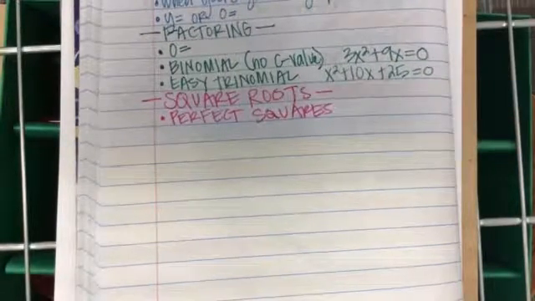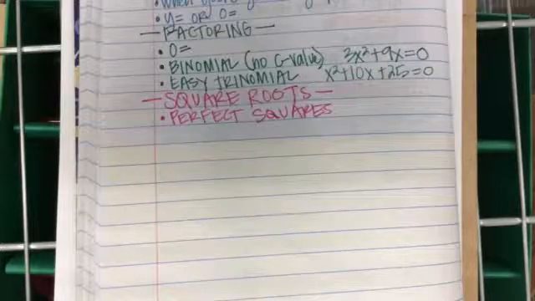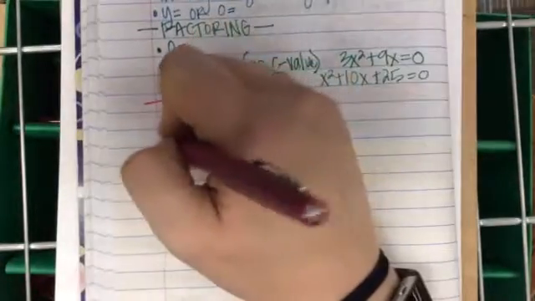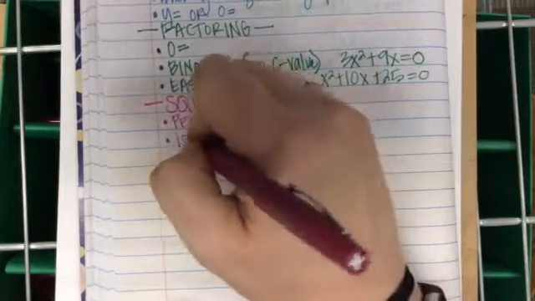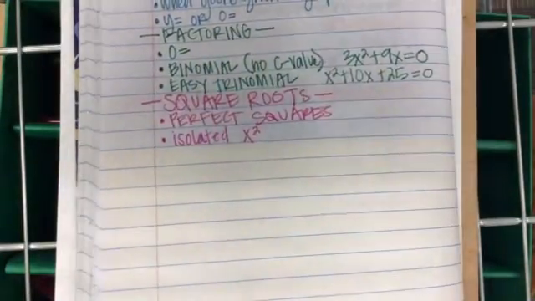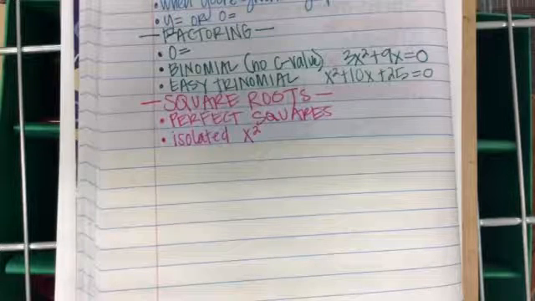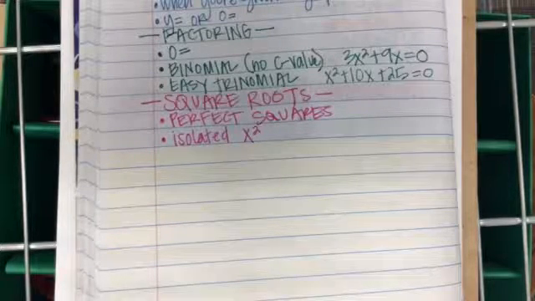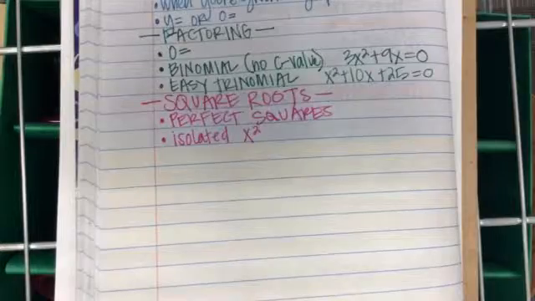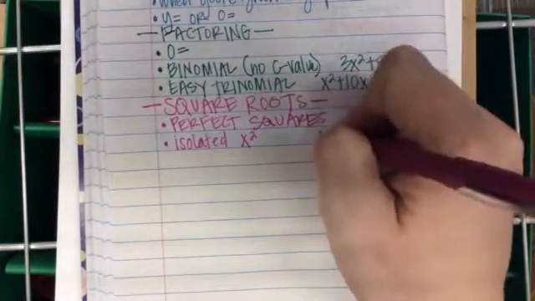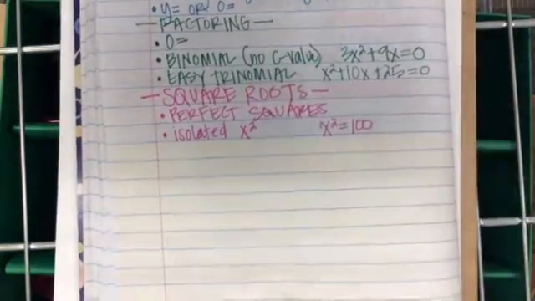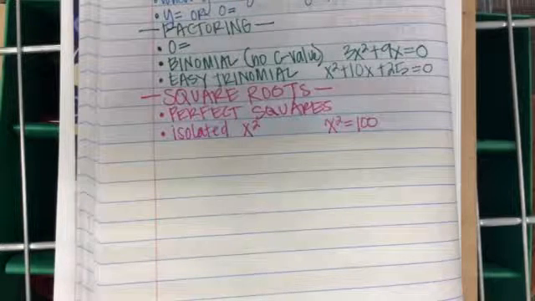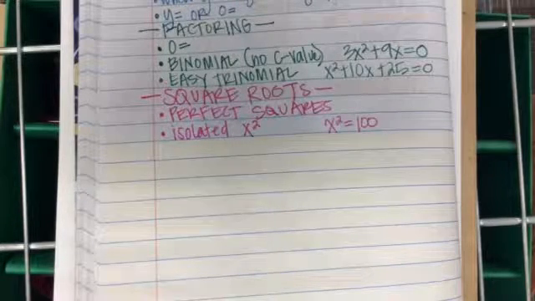We also need an isolated x squared. So if you have a problem, x squared equals 100, you could solve by square roots.